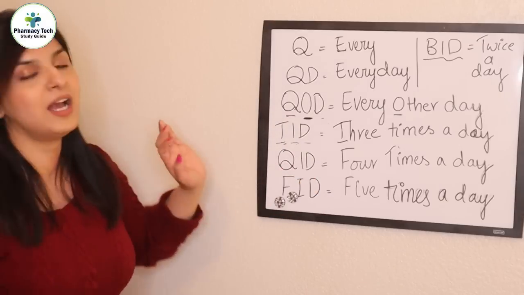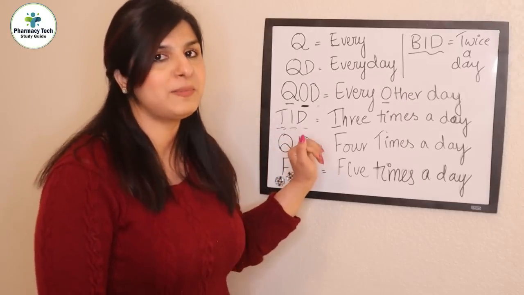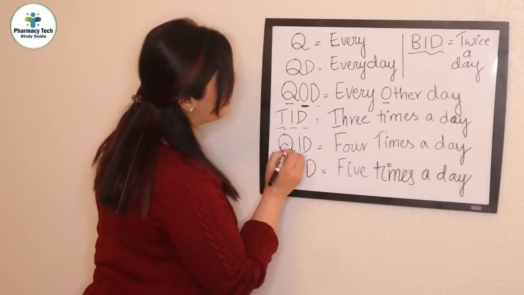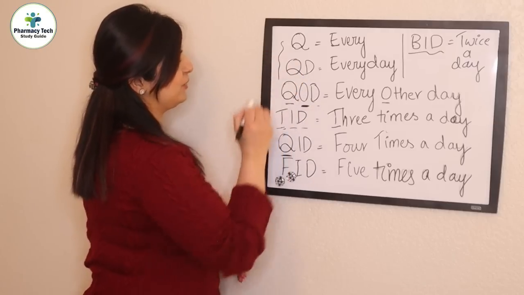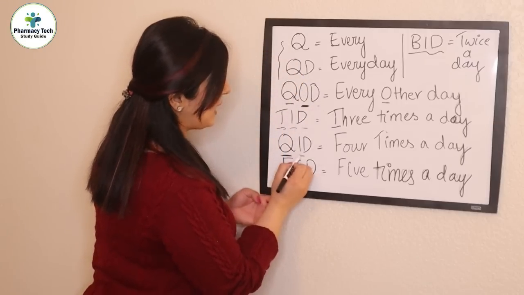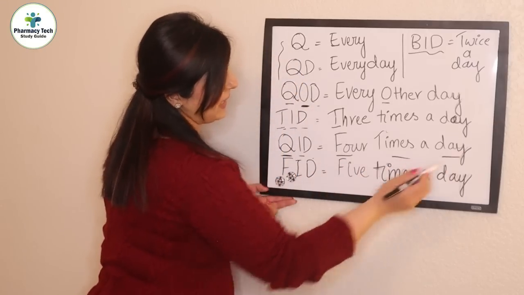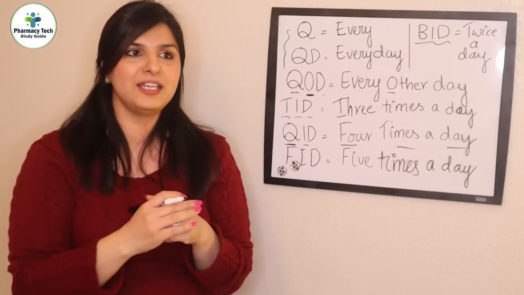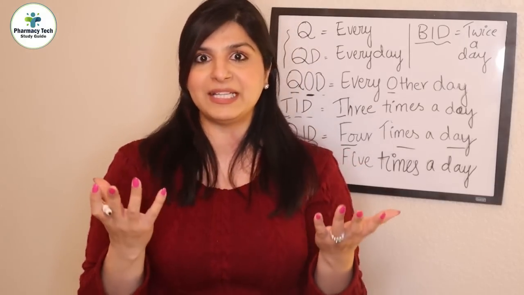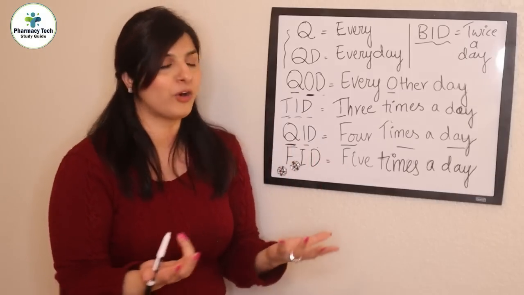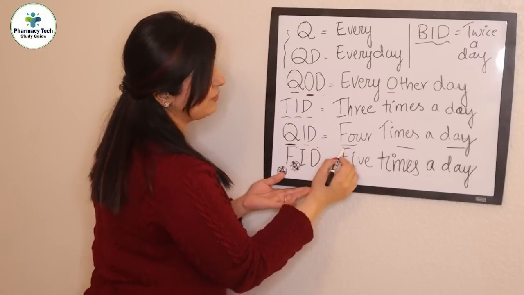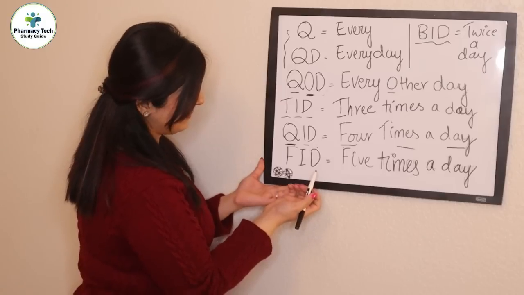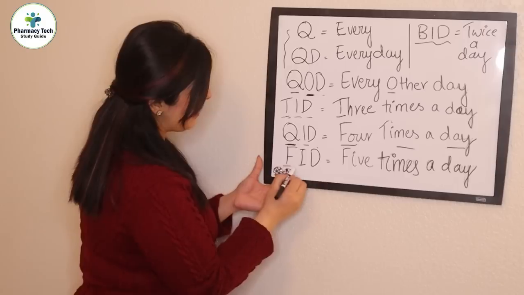Then we have QID. Now here, this can get a little tricky because remember when I said Q is for every. Now don't confuse this with that Q, because here QID means 4 times a day. All right, so here I would remember Q as quadrivalent, quadruplets. So that means 4. So QID would be 4 times a day. The next up is really easy, which is FID.